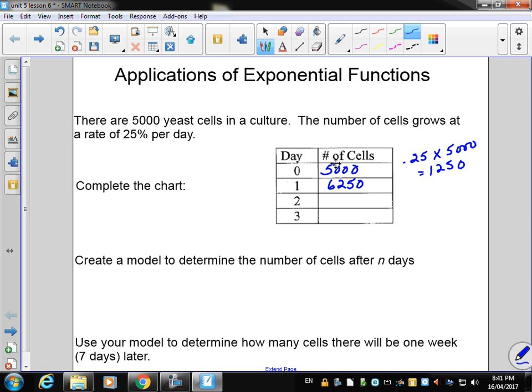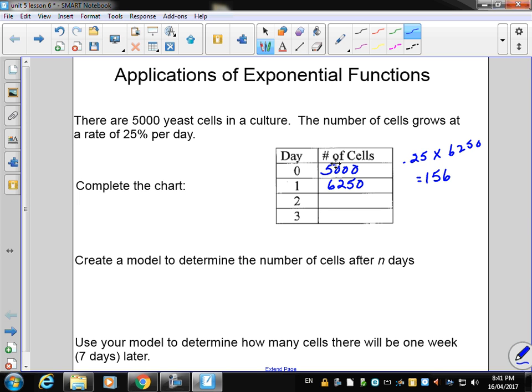The day after that, I've increased by another 25%. So this time I'm doing 25% of 6,250. So if I do that, I get 1,562.5.